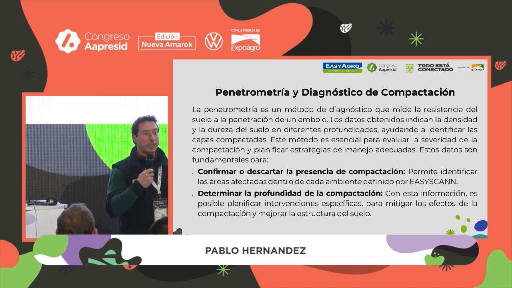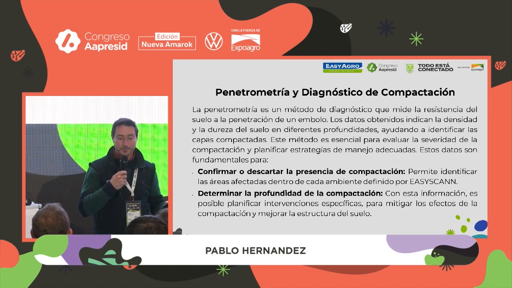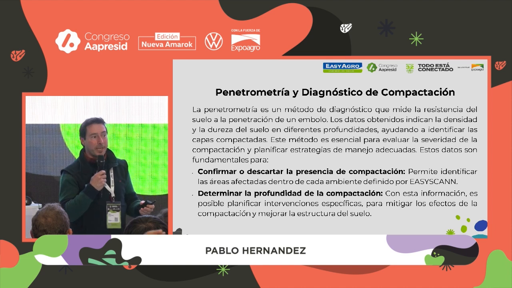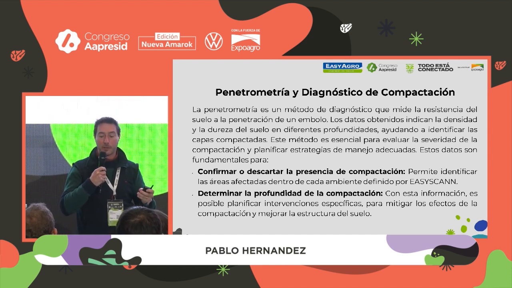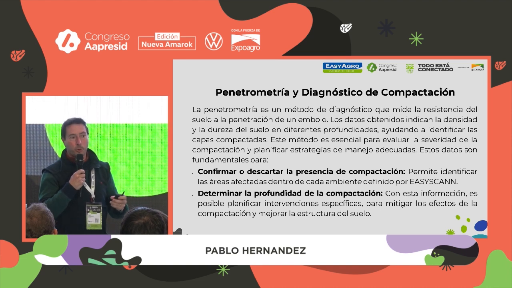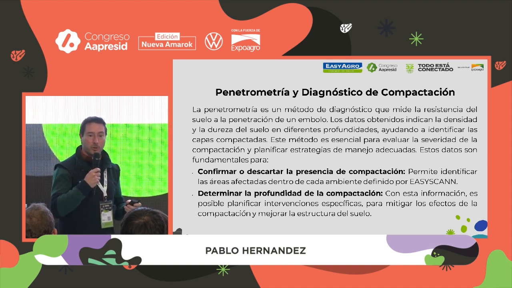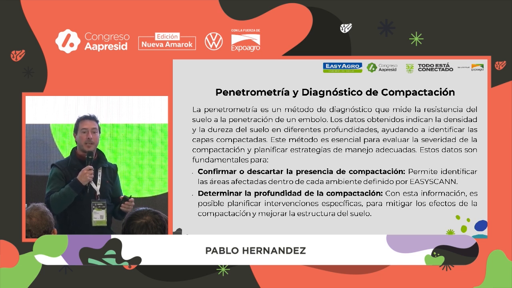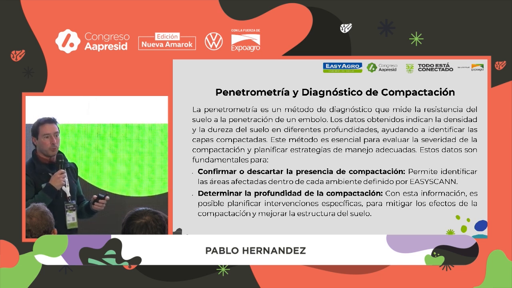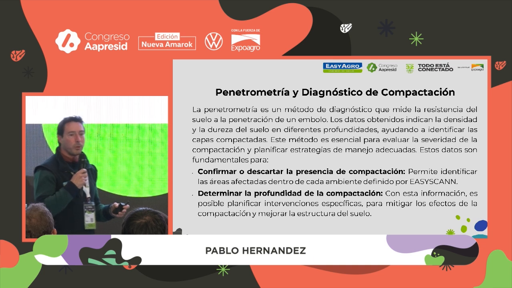Penetrometry and compacting diagnosis is the second phase of the diagnosis. Penetrometry is a method of diagnosis where through a plunger exerting pressure, we will be able to see at what depth we have compacting or not, and what the resistance of the soil is.